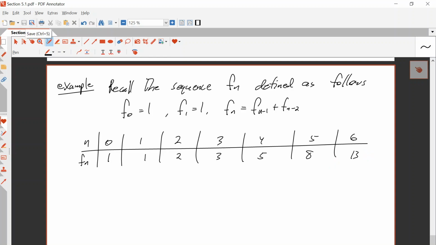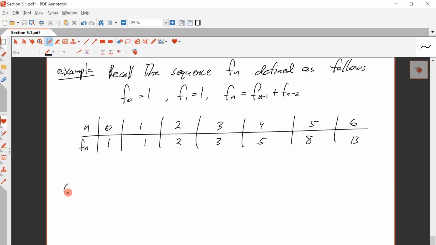Right? Consider the sequence Fn plus 1 over Fn. So the ratio of Fibonacci numbers.